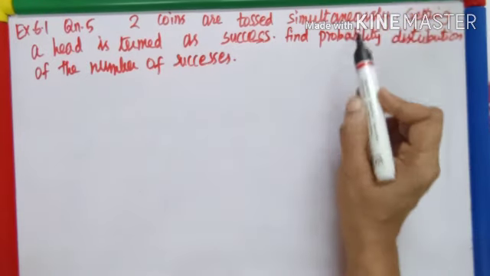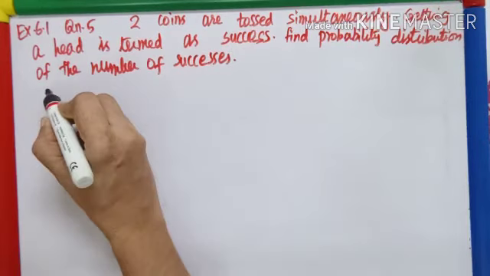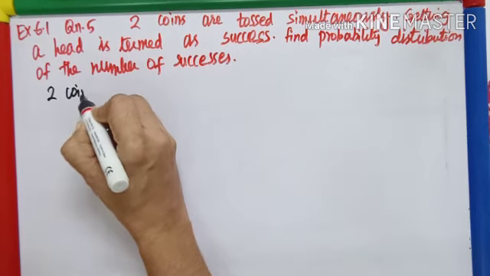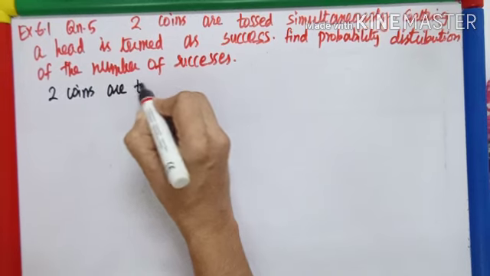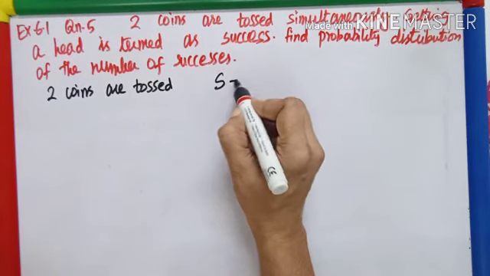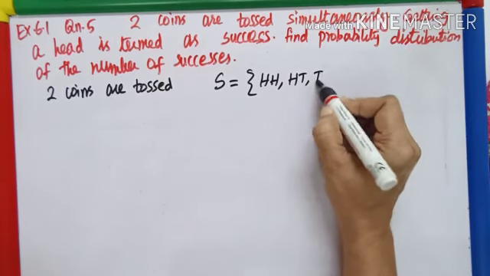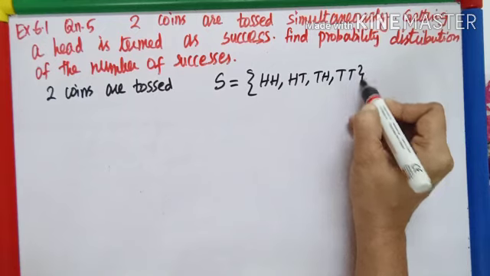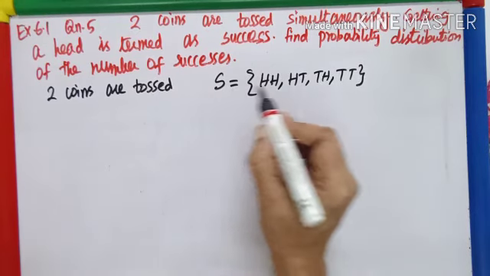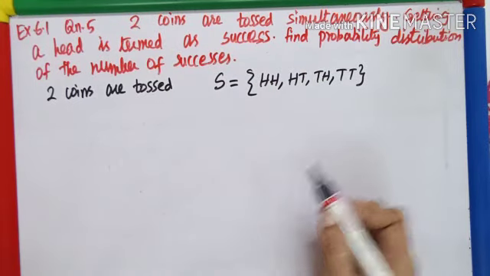Exercise 6.1, question number 5. 2 coins are tossed. As soon as I read 2 coins are tossed, immediately I will write the sample space. What are the events in the sample space? I can write S is equal to, both may be heads, head and tail and head, or tail and tail. So this is the sample space for 2 coins being tossed.